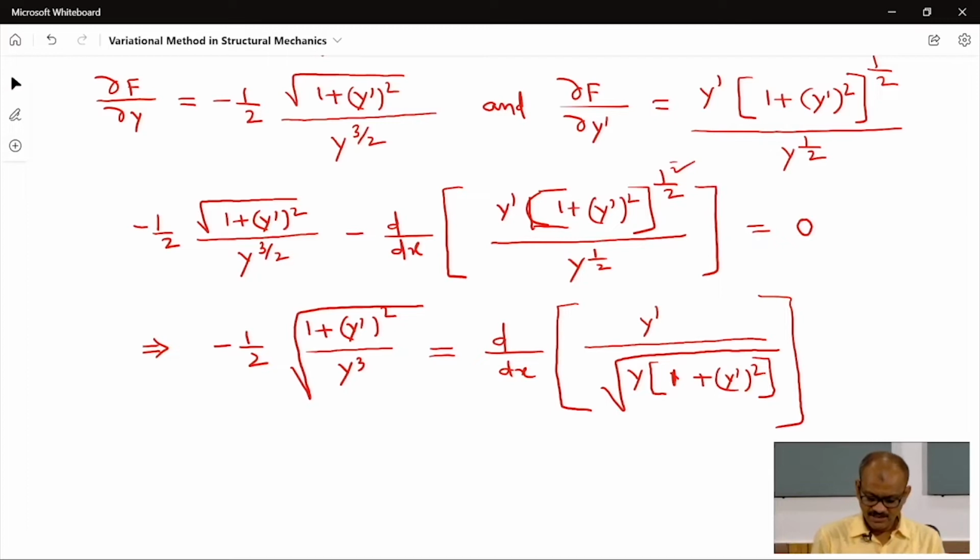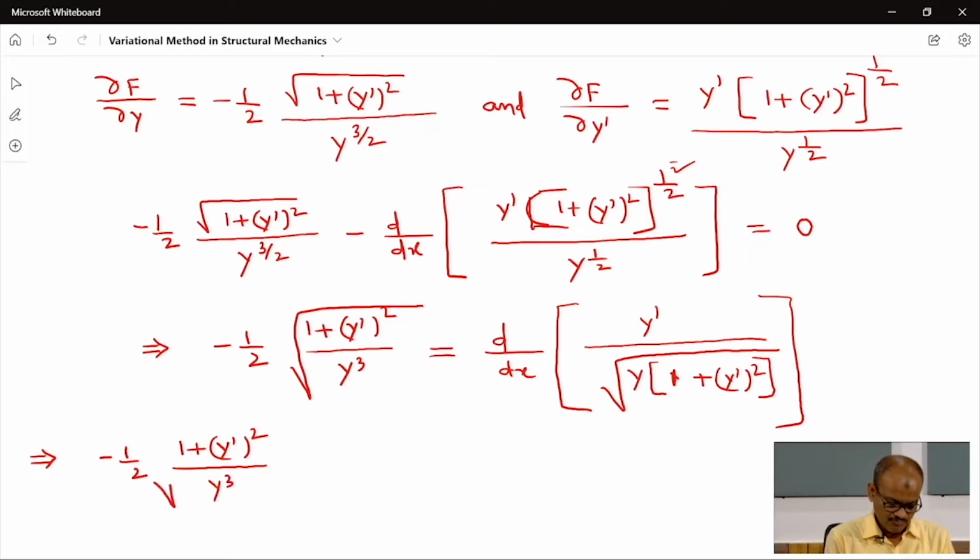Okay. Now if we further simplify it, this implies minus half into 1 plus y dash square divided by y cube is equal to y double dash divided by y.